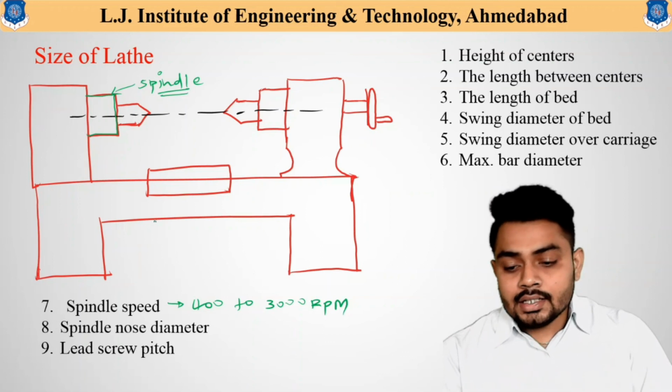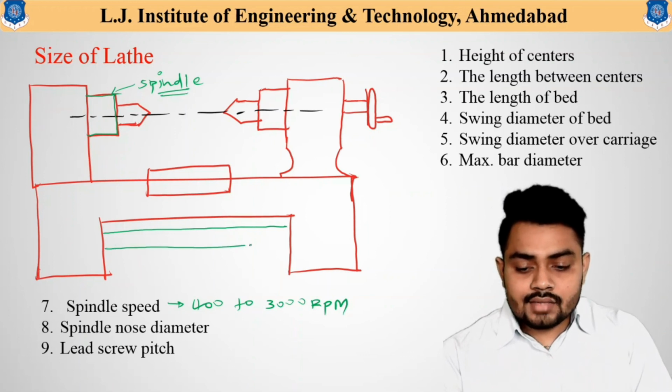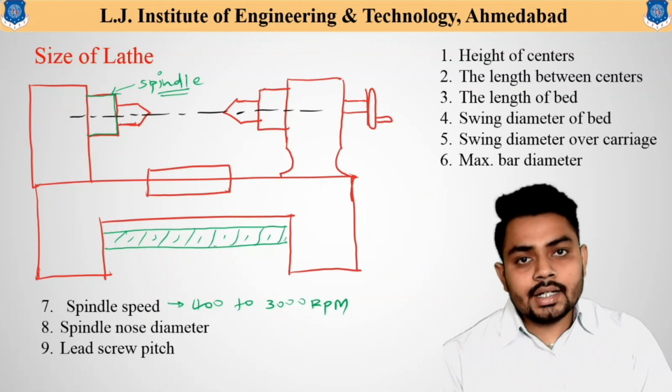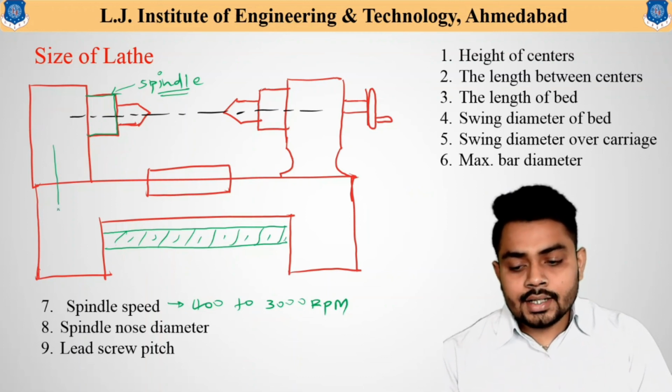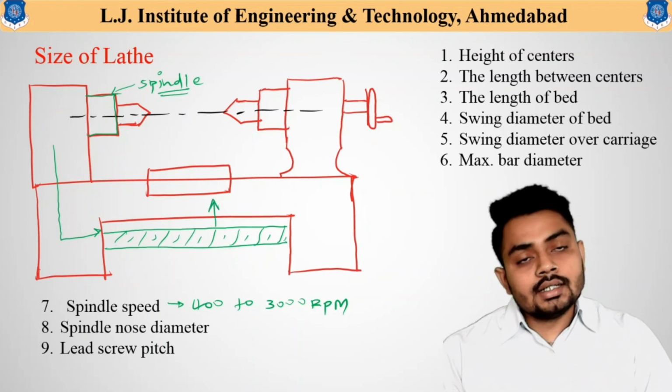Simply you just need to understand that over here a lead screw is available, and this lead screw connects this particular headstock to the carriage connection.